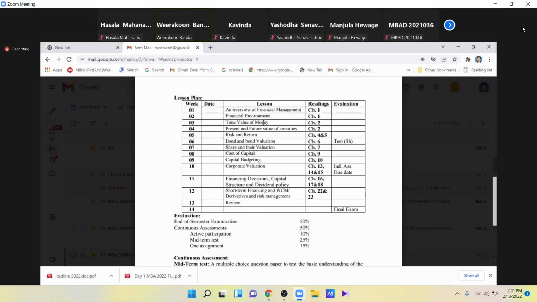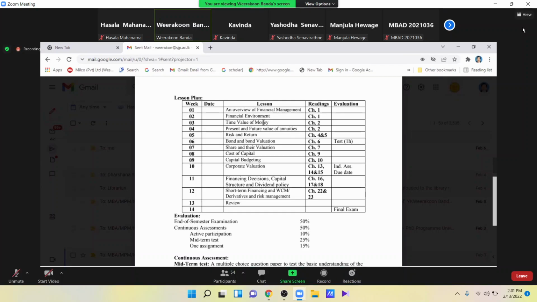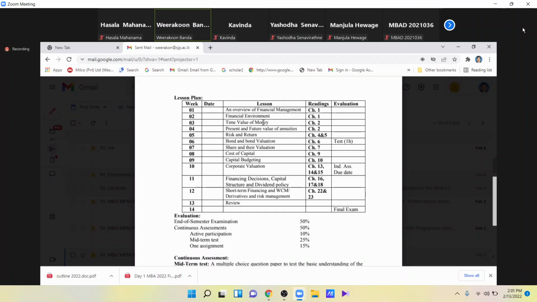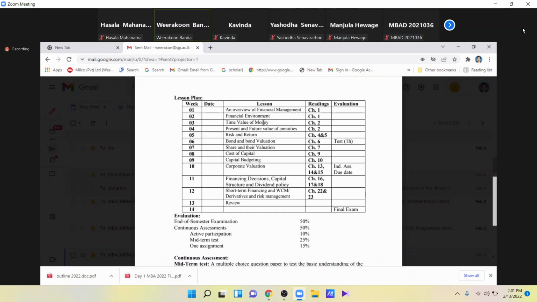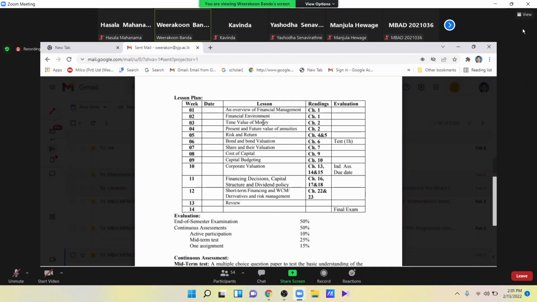You can decide whether to generate 100% equity, 100% debt capital, or maybe less than 100% equity, or maybe 50% debt and 50% equity capital. Likewise, you can decide the financing proportions. That is called financing decisions.